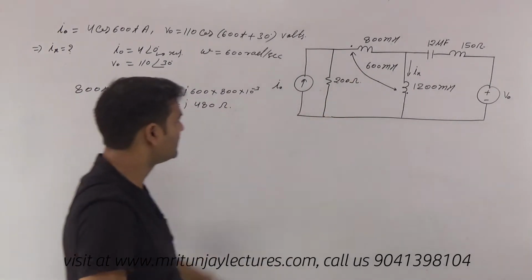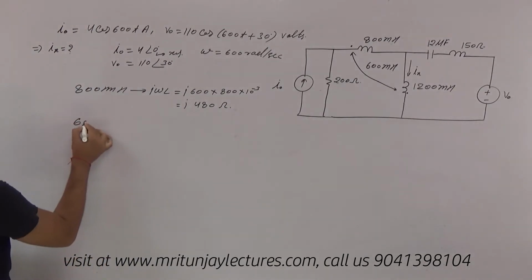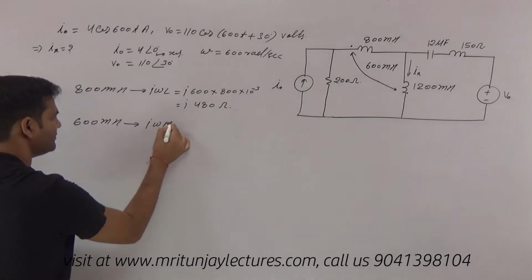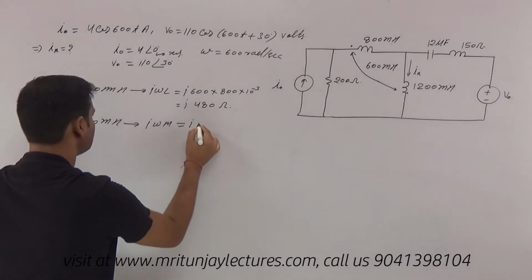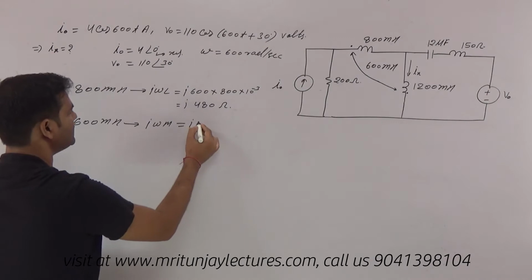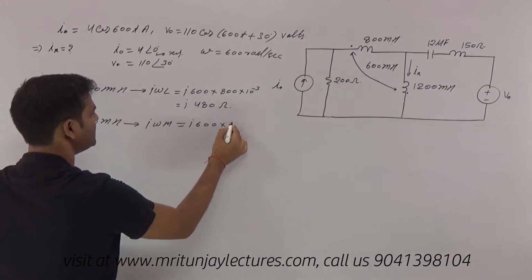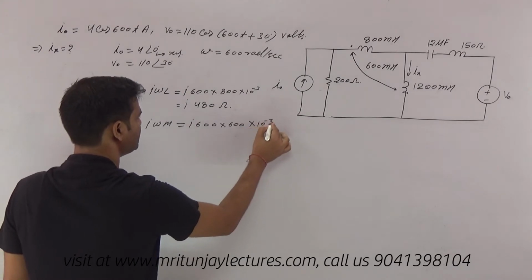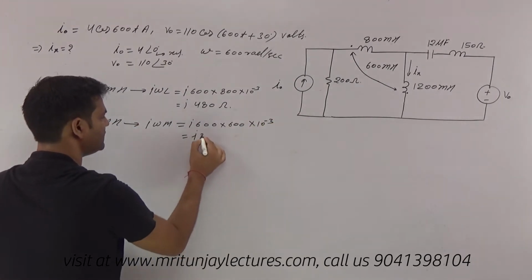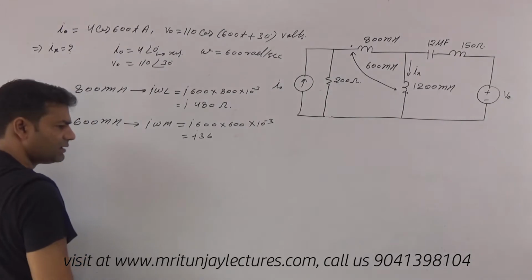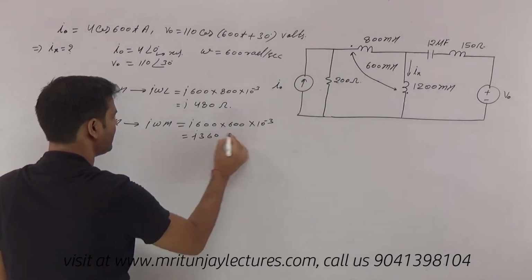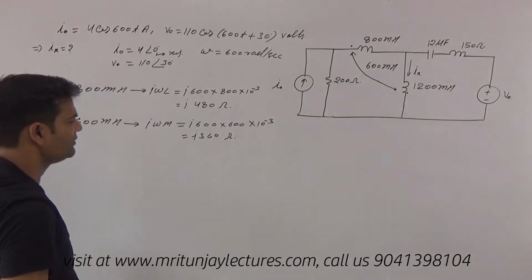Now the second one, 600 millihenry, is also converted into j omega M. It means j times 600 into 600 into milli, that's why 10 to the power minus 3. So finally j360 ohm.